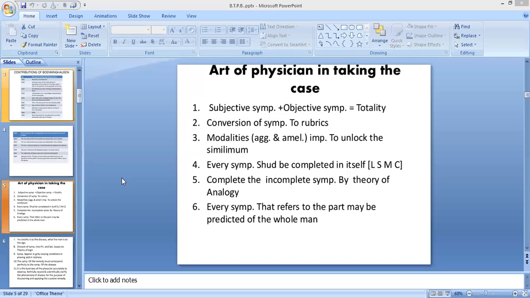There are a total of seven sections in this repertory. Out of that, the last section, the last chapter, was the concordance chapter. In the earlier edition of this repertory, the name for this chapter is Concordance of Remedies.